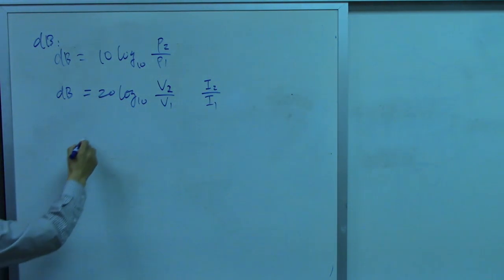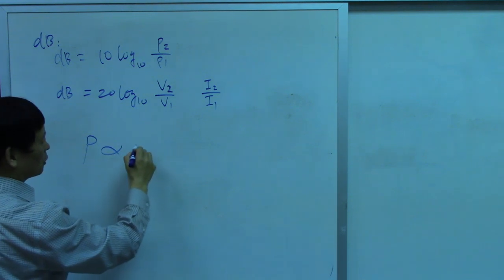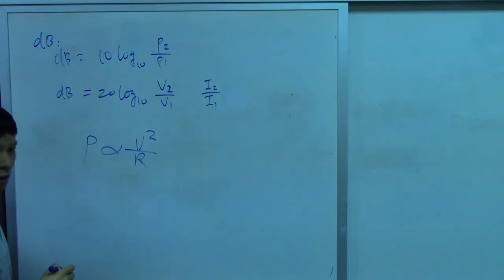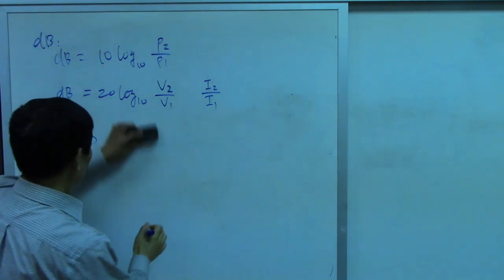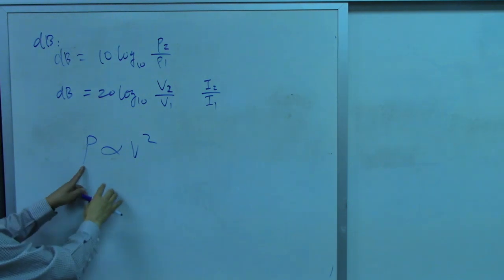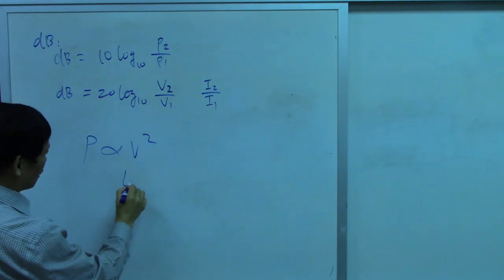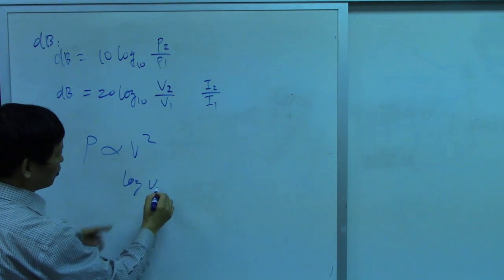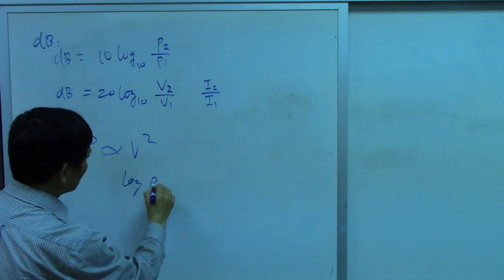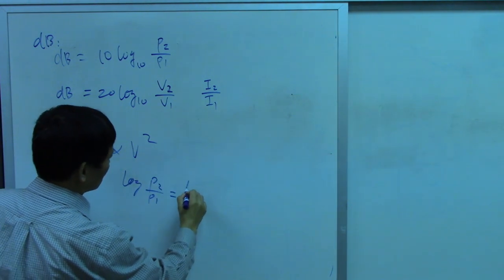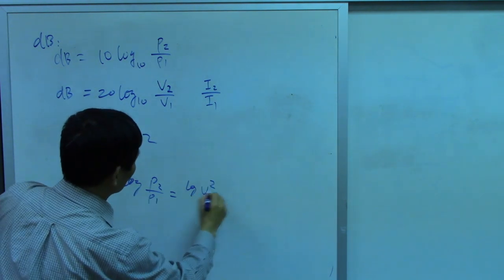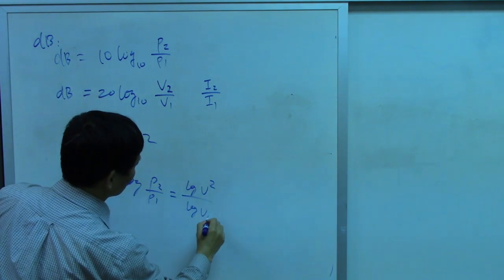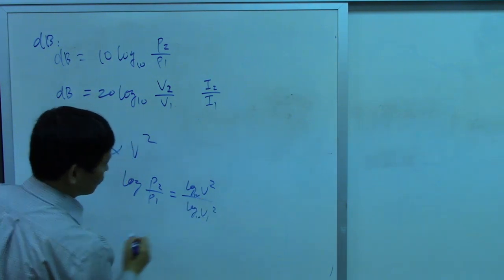The reason is that power is proportional to V squared over R, and R we assume is constant, so power is just proportional to V squared. So we plug this in here: log P2 over P1 equals log of V2 squared over V1 squared, both base 10.